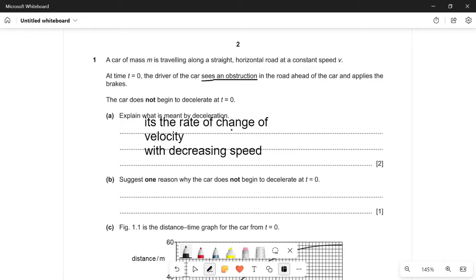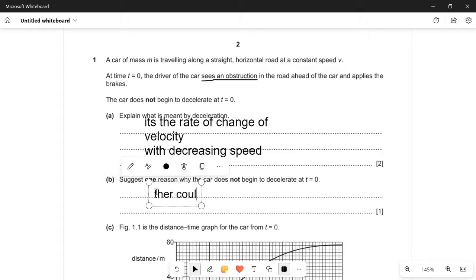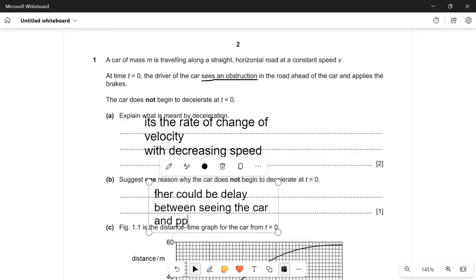So that could be one reason. So what we could write is there could be a delay between seeing the car and applying the brakes. So that's going to be our answer.